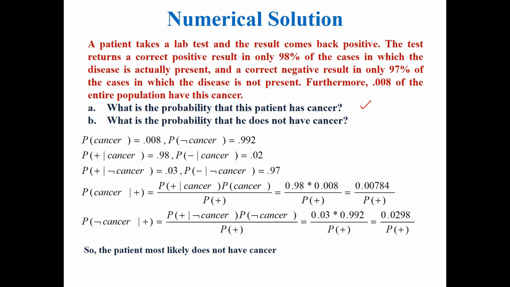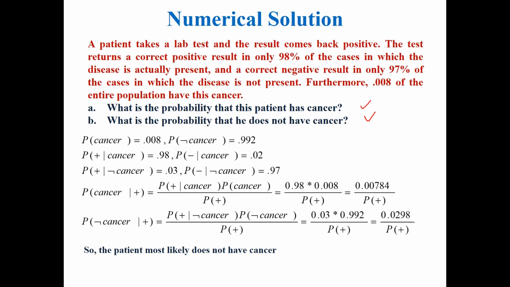So how to do these calculations? In such numericals we first have to understand what is given in the problem. The cancer test returns a correct positive result in only 98% of the cases. What do we mean by a correct positive result?